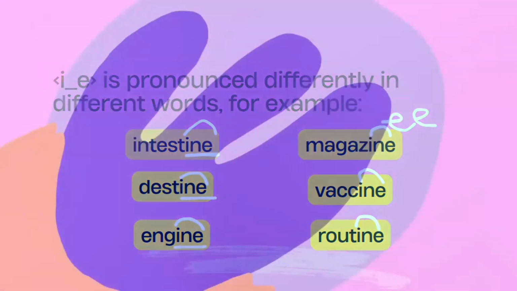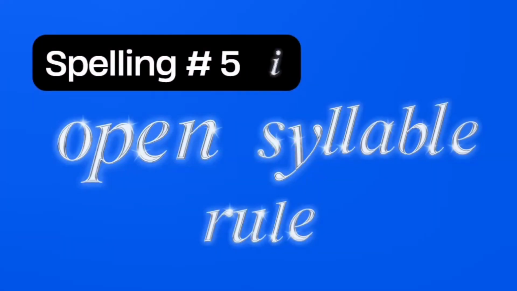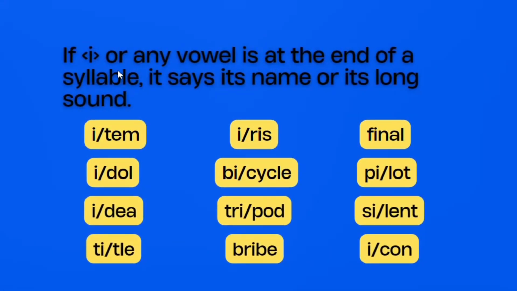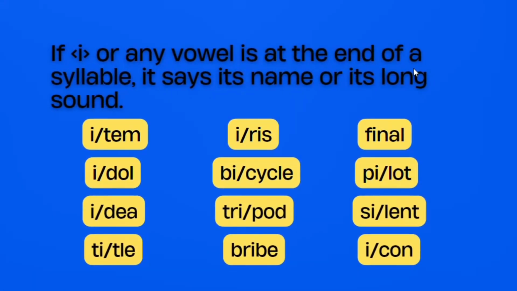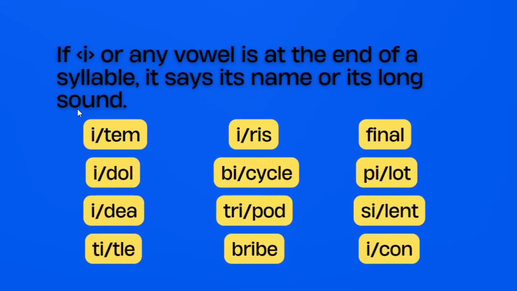Let's move on to our next spelling, that is a single letter I saying the long I sound, and we call it the open syllable rule. If I or any vowel is at the end of a syllable, it says its name or its long sound. This is a rule of thumb, right?